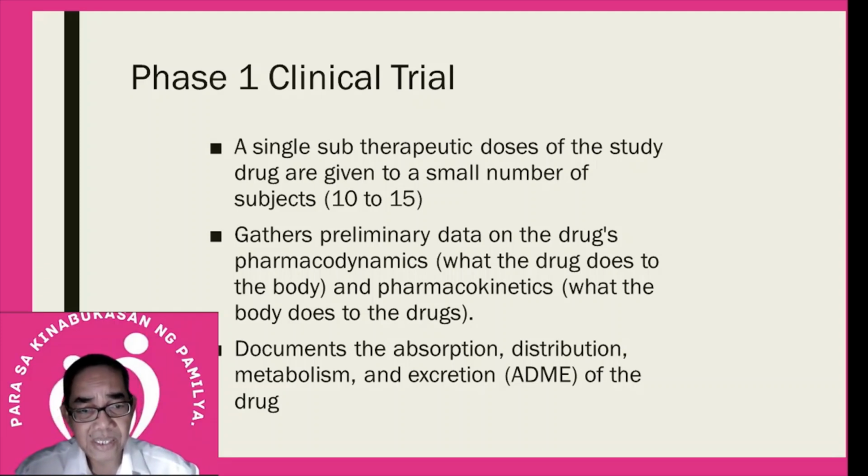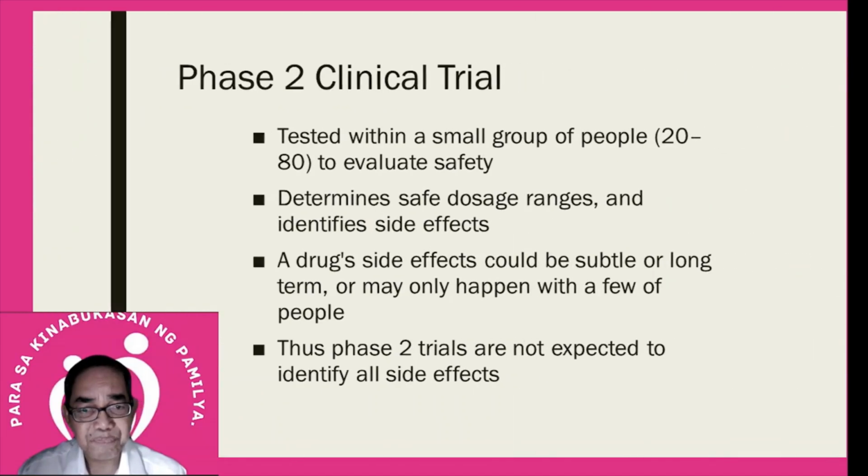And it documents the ADME: the absorption, distribution, metabolism, and excretion of the drug. Because, as we said, we are talking of a sub-therapeutic dose, a phase 1 clinical trial will only get healthy individuals.